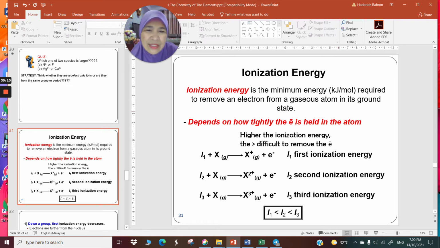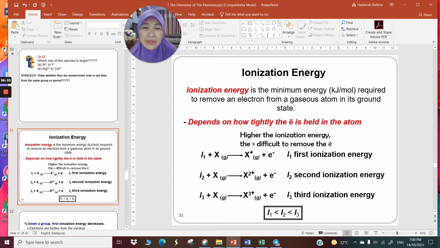in its ground state. And the magnitude of ionization energy depends on how tightly the electron is held onto the atom. And how tightly the electron is held onto the atom depends on the nuclear charge. So you really have to understand the nuclear charge.